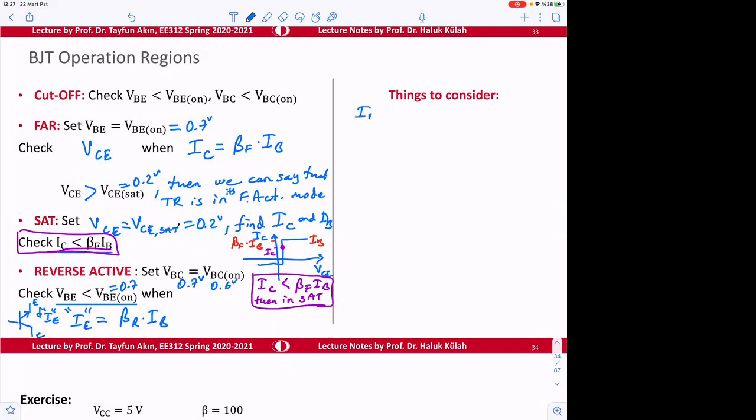I base direction can be only towards the transistor for NPN.